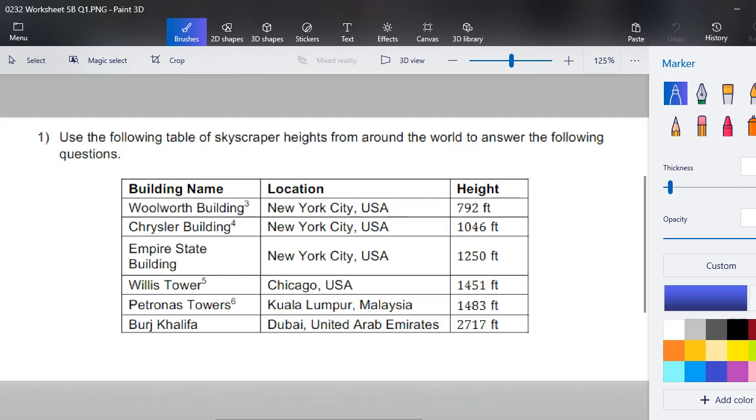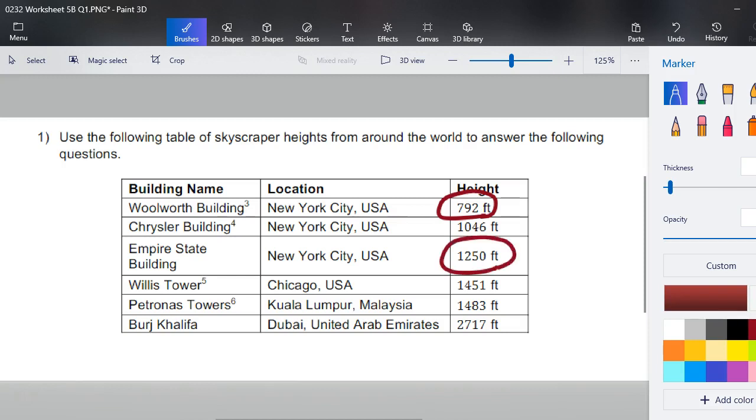Question number 1 says, use the following table of skyscraper heights from around the world to answer the following questions. Starting with question 1, part A, write the height of the Woolworth Building as a percentage of the height of the Empire State Building. So it wants us to write the Woolworth Building's height as a percentage of the Empire State Building's height.